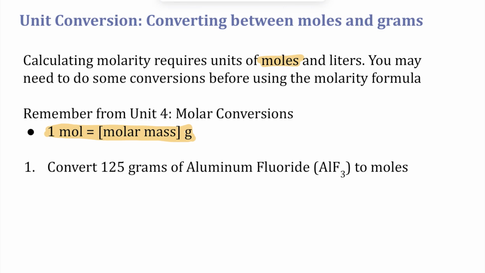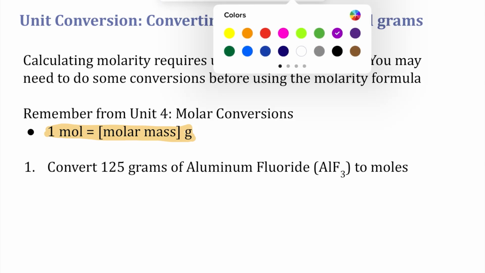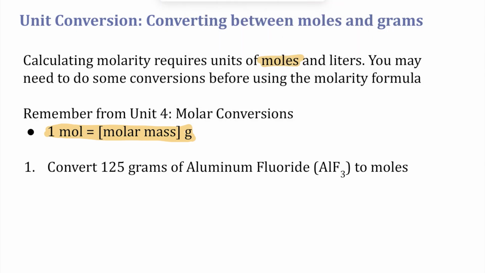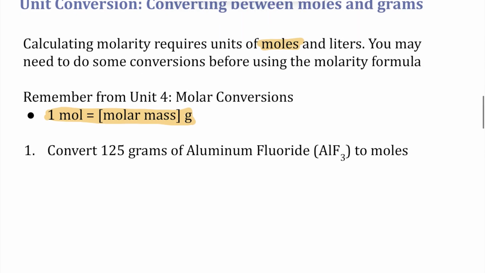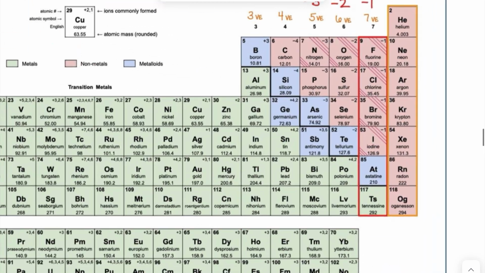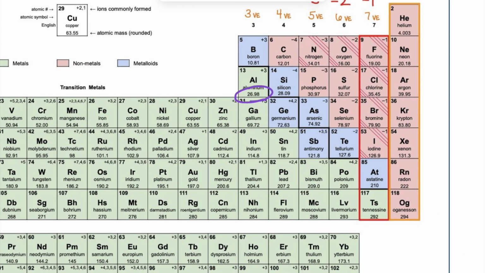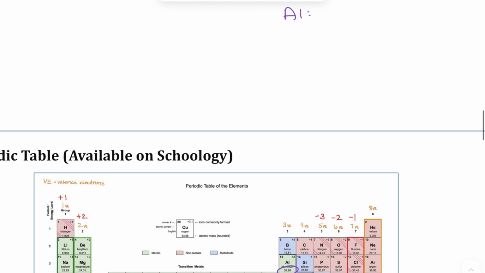So we've got just this as a little practice warm up for us. If we are converting 125 grams of aluminum fluoride to moles, well, aluminum fluoride is 1 aluminum and 3 fluorine. Aluminum has a molar mass, and I gave us a periodic table on the next page, of 26.98, so let's round that to 27.